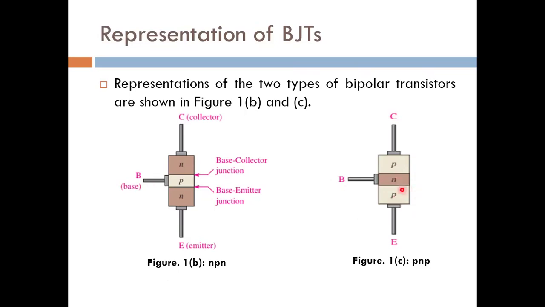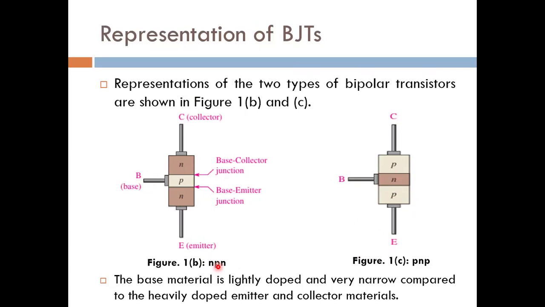Again, there is a PN junction in between base and emitter. Mostly, in between these two types, we use NPN in most of the cases. So these are the representations of these two types, NPN and PNP.